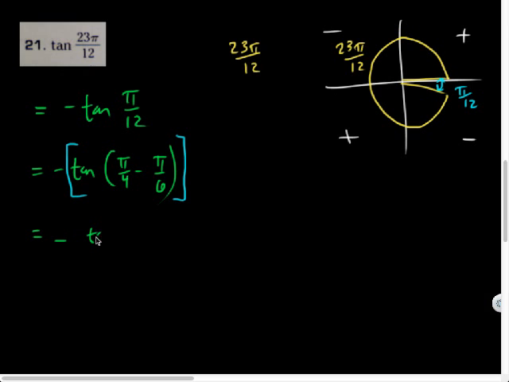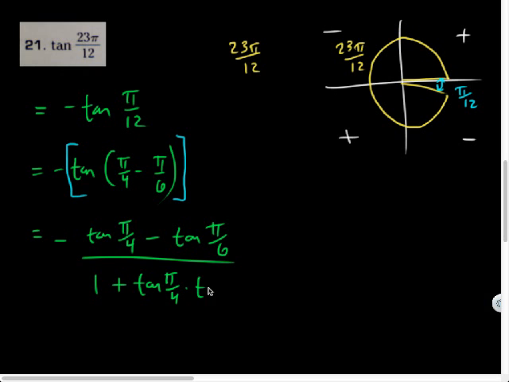So this would be tan of pi over 4 minus tan of pi over 6, all over, and in the denominator it's going to be 1 plus, because it's the opposite for the denominator from this sign. Getting this right off our little formula sheet: tan alpha times tan beta.